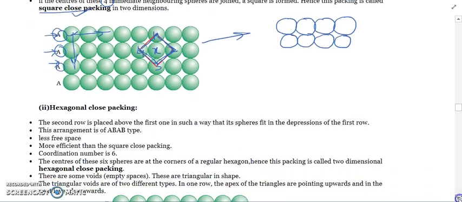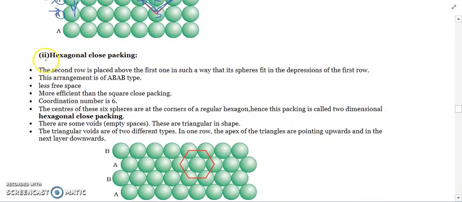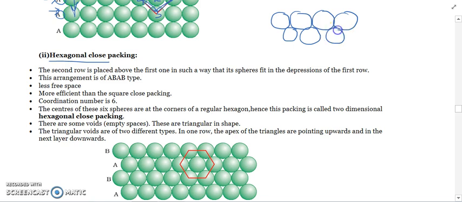Now, second type of packing is hexagonal close packing. How can we get hexagonal close packing? It's very simple. This is one dimensional, and when we arrange in y-axis also, then we get two dimensional. But how do we get hexagonal close packing? By arranging the next spheres in the dip, or depression.